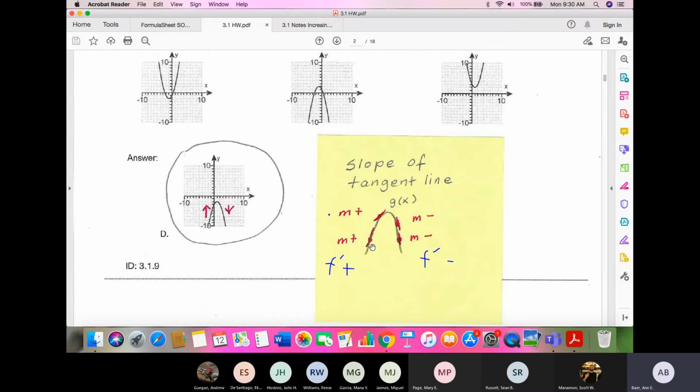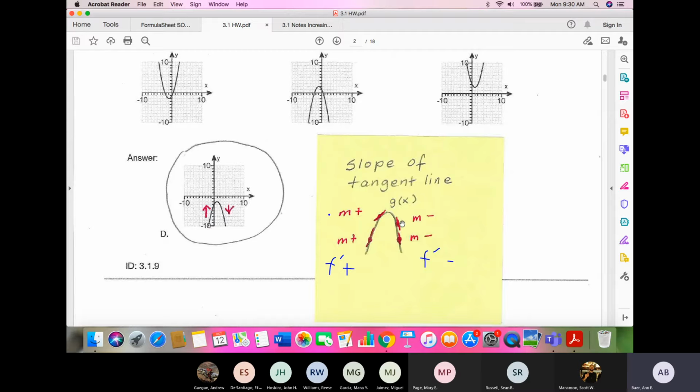Now, are these positive sloping lines or negative sloping lines? The slope of this line is positive because it's going up from left to right. The slope of this line is positive because it's going up. The y values are going up from left to right. The slope is positive.